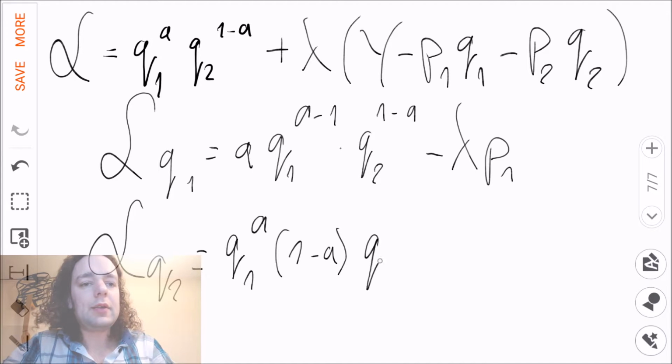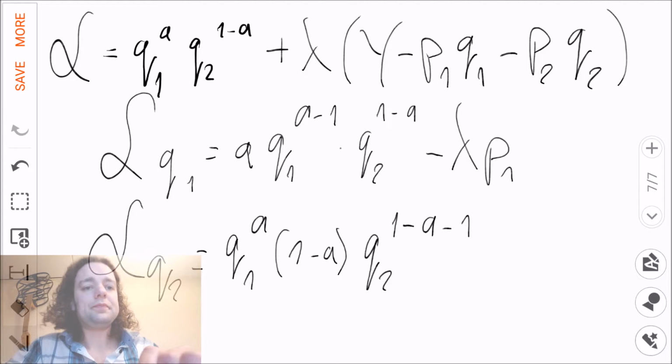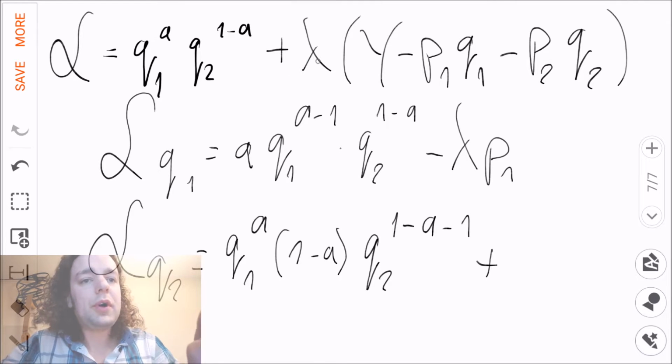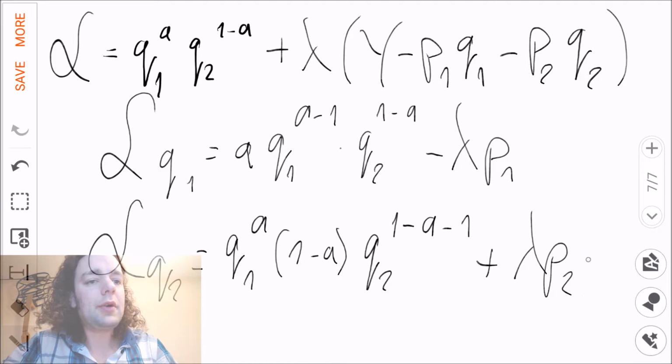And then Q2 to the power 1 minus A minus 1. Okay, and the second part, lambda times P1 Q1, nope, here, okay, here we have the Q2, so that's lambda P2, and what did I do wrong?